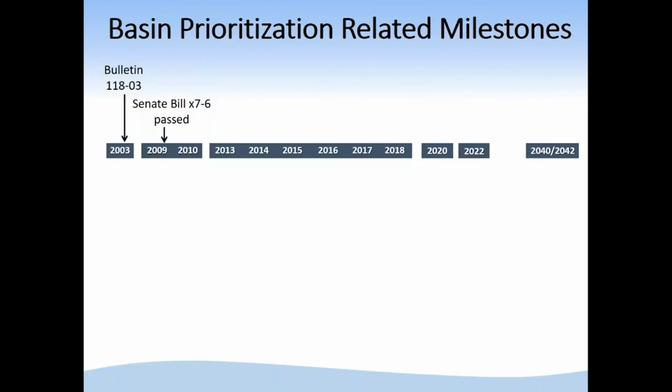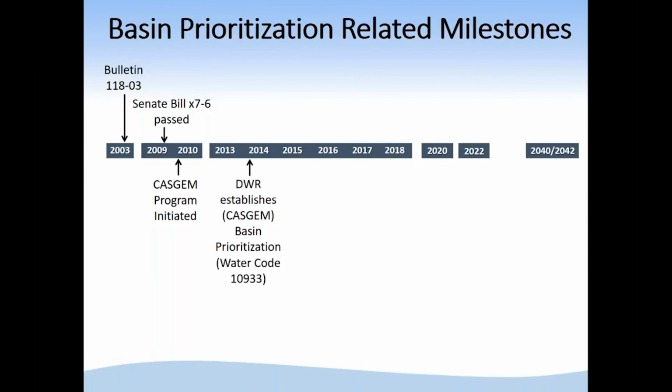Another significant milestone was the passage of Senate Bill X7-6, which established the Sustainable Groundwater Management Program, requiring that groundwater elevations be monitored seasonally. As I mentioned, the SGMP program was initiated back in the 2010 timeframe, and it identified the extent of groundwater elevation monitoring required in each basin and directed DWR to prioritize basins.